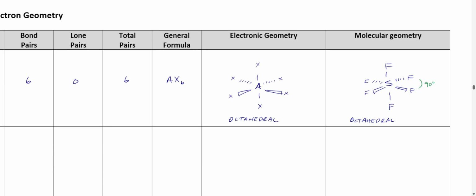So all along the square plane, hopefully you can see that there's like a square plane right here. All of those bond angles are 90 degrees. And then there's also 90 degrees from the fluorine above the plane to the plane.